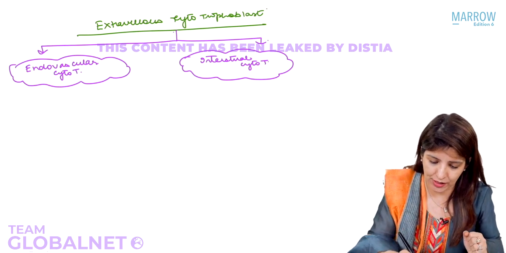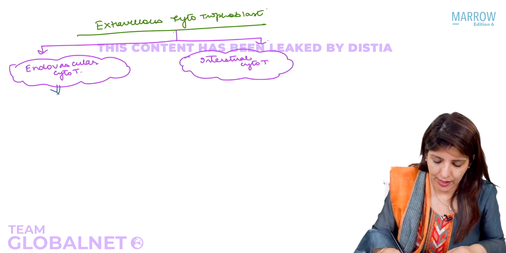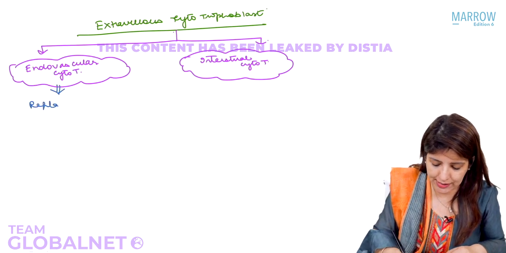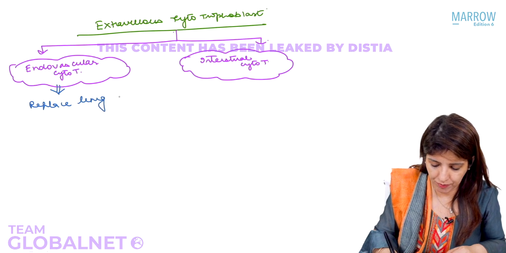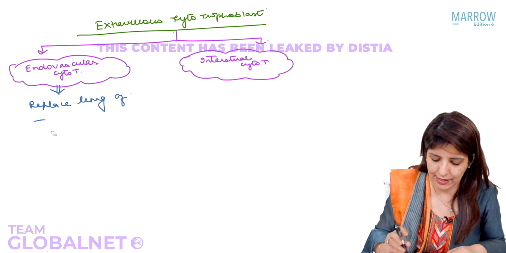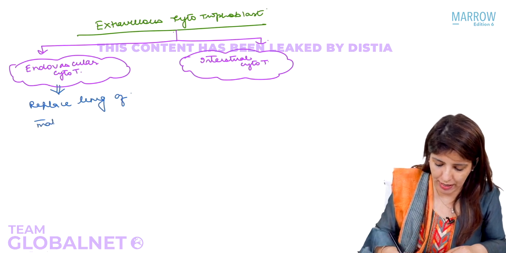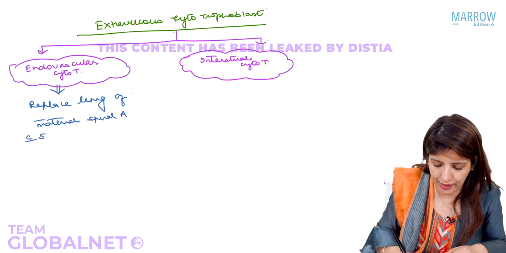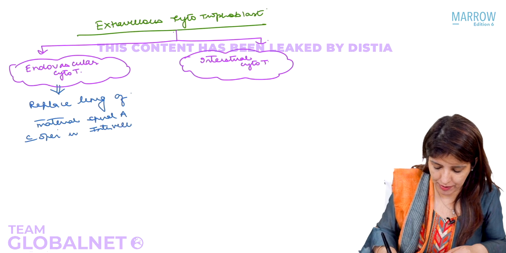What this endovascular cytotrophoblast will do is replace the lining of the maternal spiral arteries which open in the intervillous space.